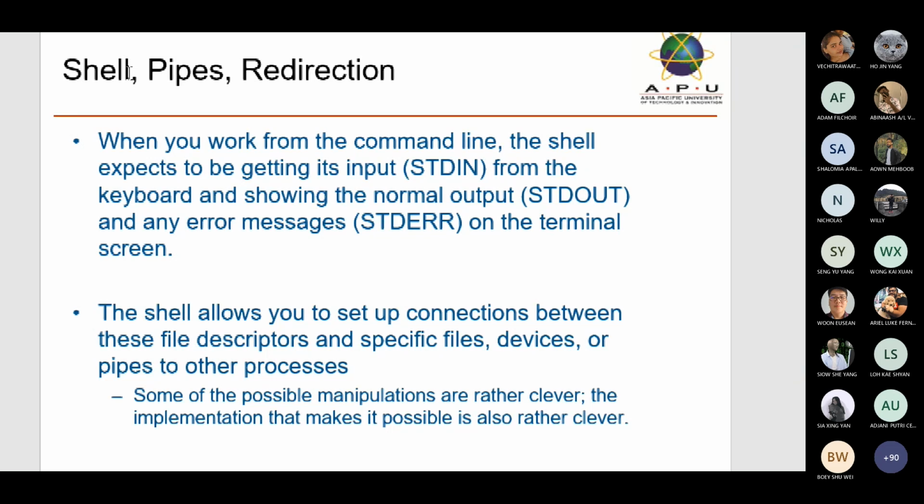All right. So by default, when we work at the command line, the shell expects to be reading standard in for its input, and that means that standard in is directed to the keyboard, or it's assigned to the keyboard. Right? Normal output, standard out, and error messages, both are assigned to the terminal. The idea here is that if we wanted to put the error messages in a different place, we could, right? So that we don't see the error messages at the same time and place that we see the normal output from our command.